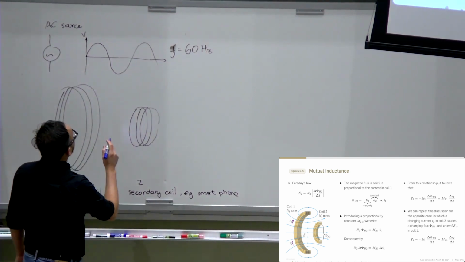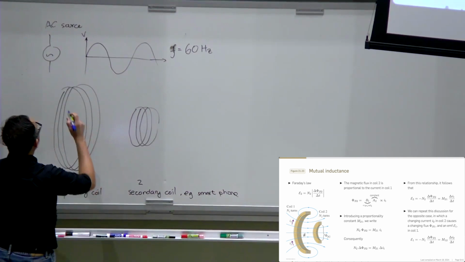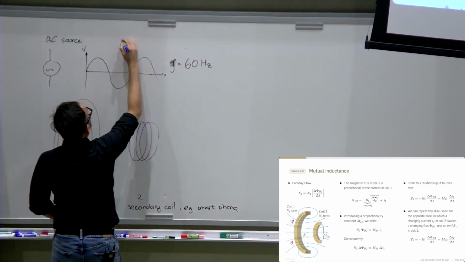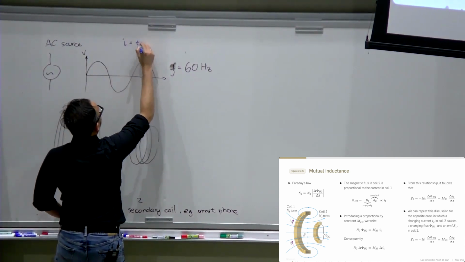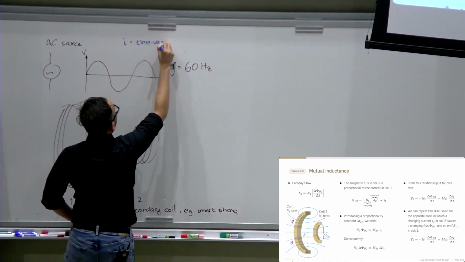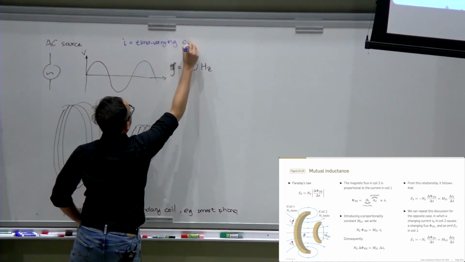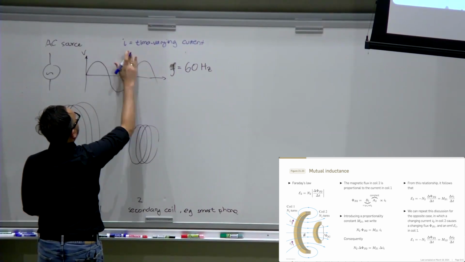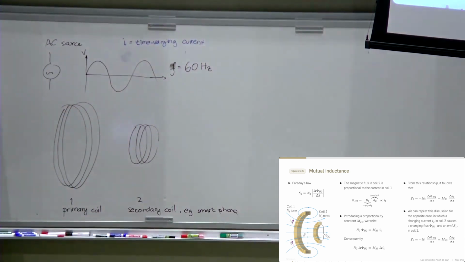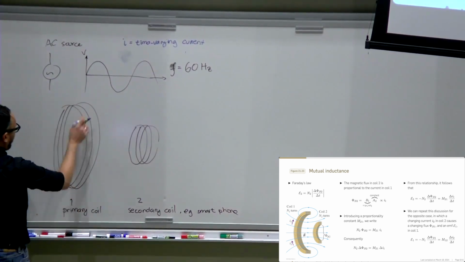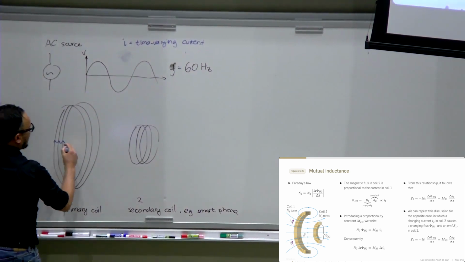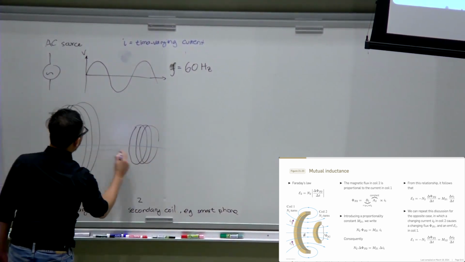One thing that I forgot, for currents, we will use small i for time varying currents, and then capital I is basically current that stays the same. Okay. So if we flow current along the first coil, it will generate magnetic fields.